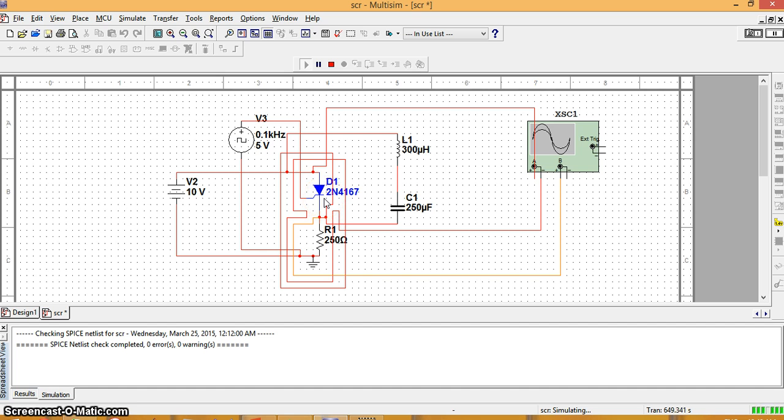And once the thyristor or the SCR T is triggered, the circuit current flows in two directions. The load current IL flows through the path of the supply voltage, thyristor, and the load, and the commutation current flows through the path L and C.